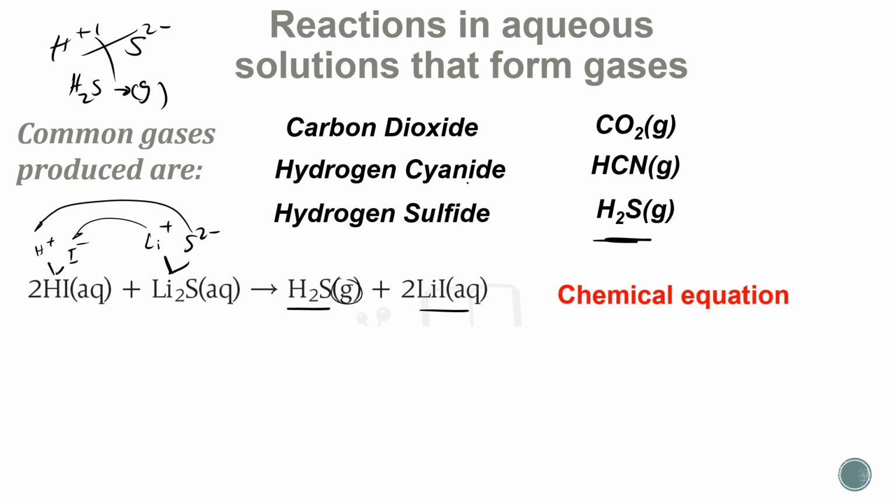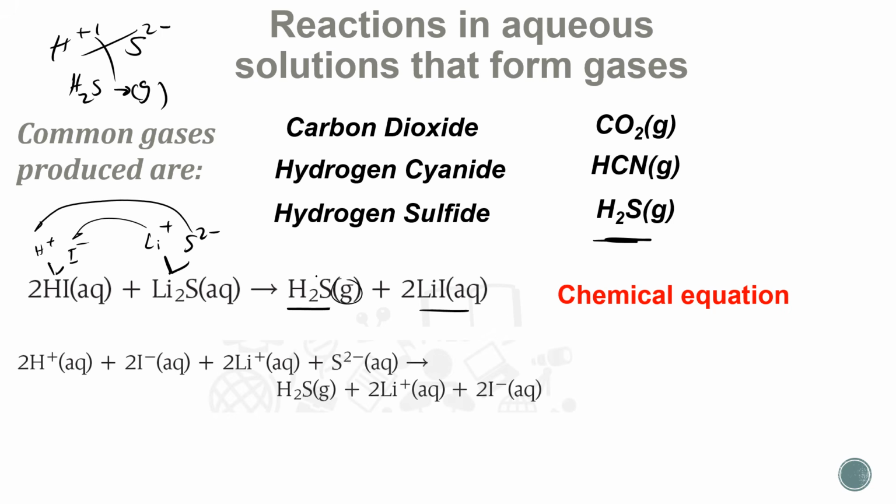Now if I want to write the complete ionic equation, it's the same as we studied, guys. Everything that has AQ, you are going to divide into positive and negative ions. Don't forget that if there are two, we need to make the numbers correct. 2H, 2I, so 2H, 2I, 2Li, 1S, and we don't touch the gas.